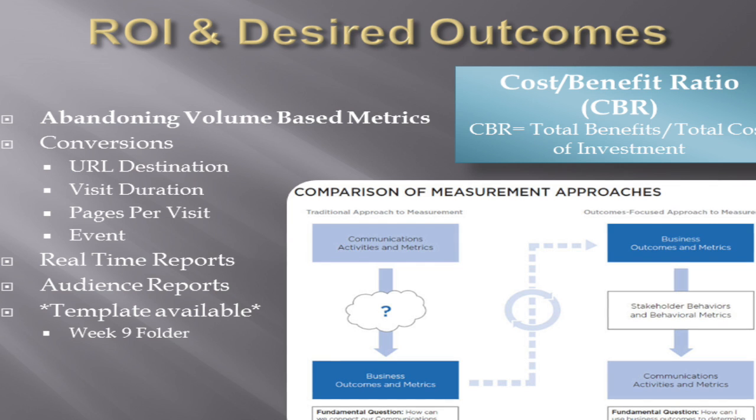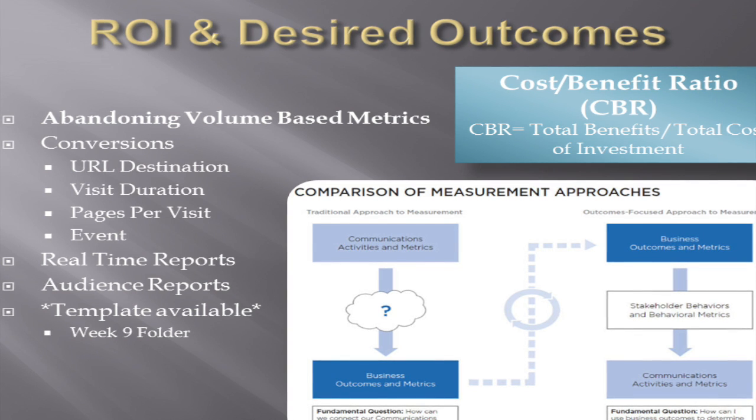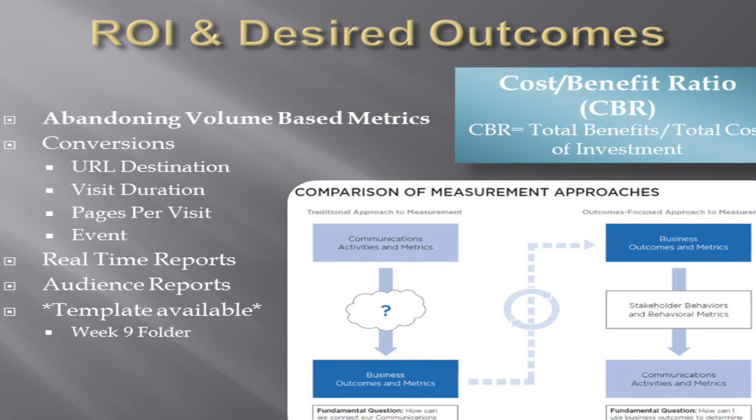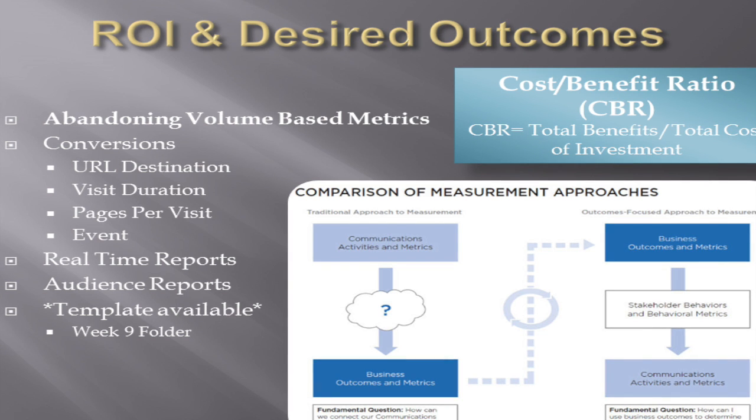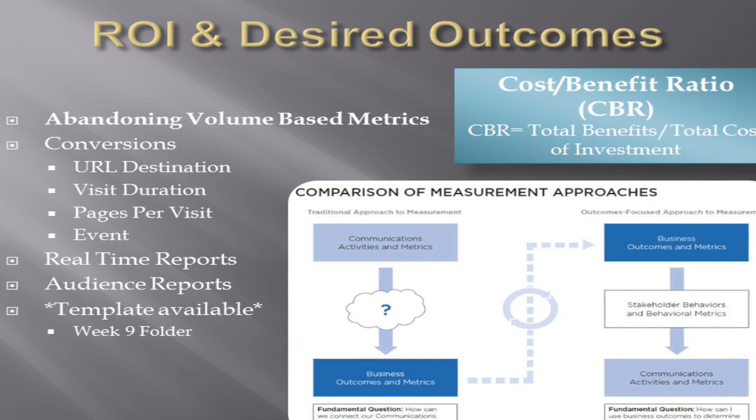Outcome-focused planning, which is what it's being called now, generally uses business outcomes as its starting point and reverse engineers communications tactics from there. Outcome-focused planning ensures that communications tactics have demonstrable and defensible impact on a business partner's outcomes.